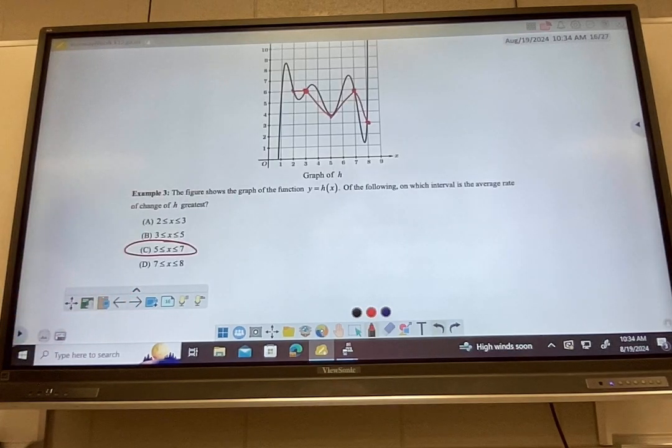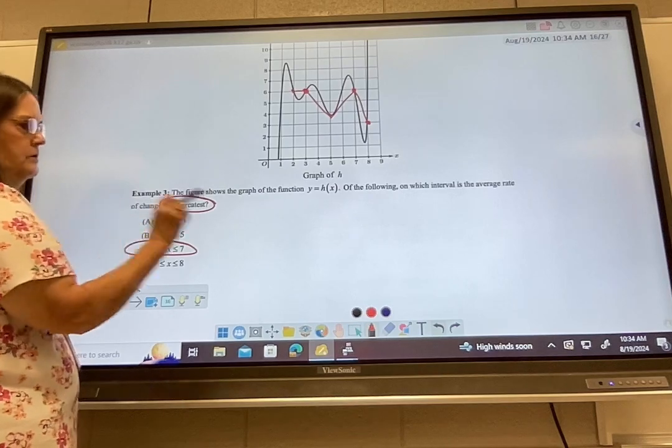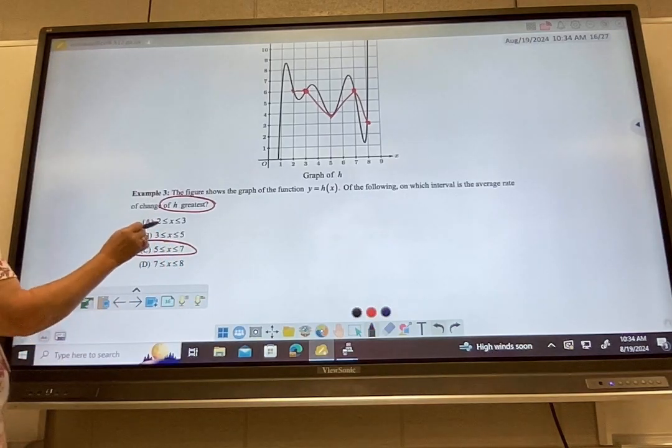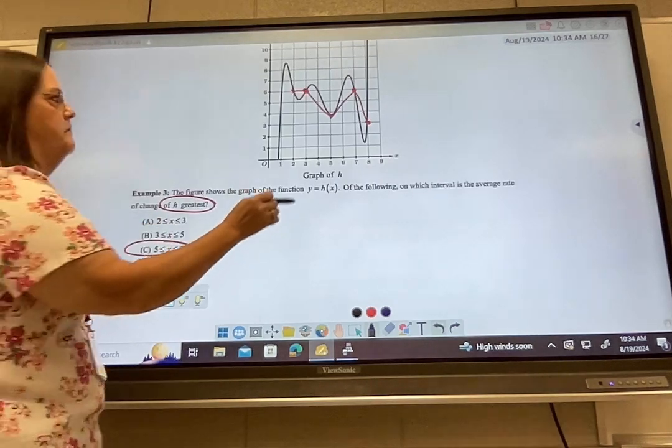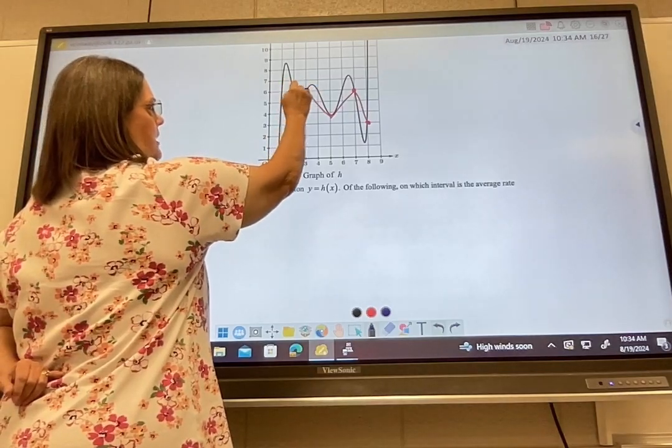Now on this one, it says which interval is the average rate of change the greatest. So I labeled each interval. From 2 less than or equal to x less than or equal to 3, so I went from 2 to 3. Here's 2, here's 3, I drew that line.